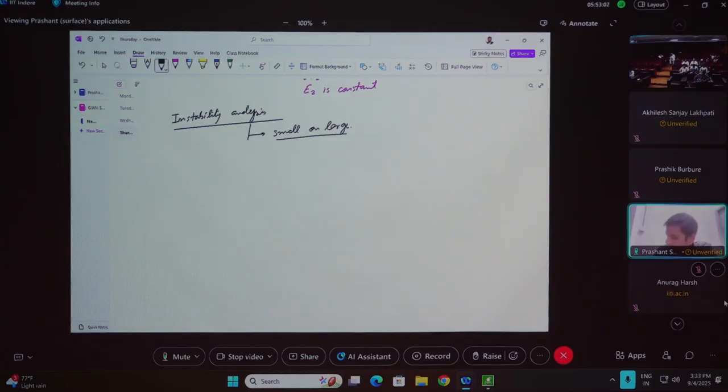What you do here is, let's say you choose a type of instability, and then find the loading condition when the instability starts.